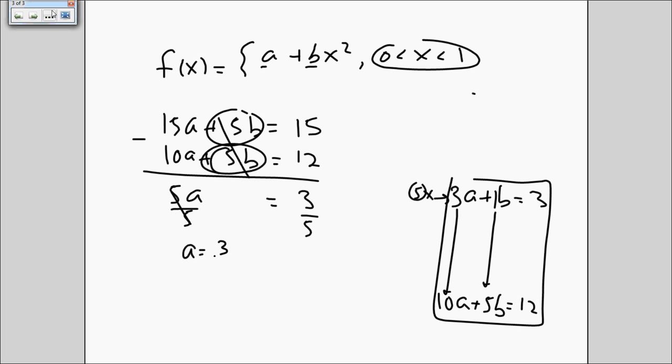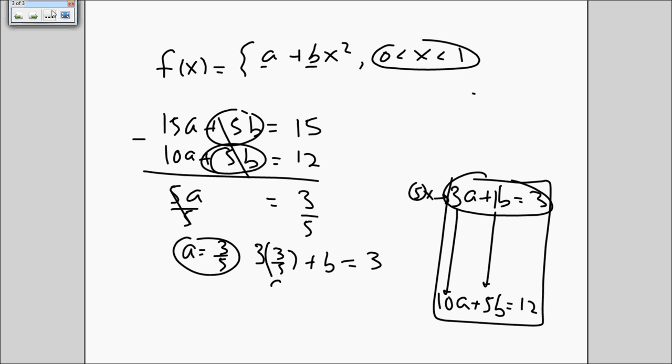A is 3/5. Now let's find B. I know that 3 times A plus B is equal to 3. Reading this equation right here, 9/5 plus B is equal to 3, well, that's 15/5.